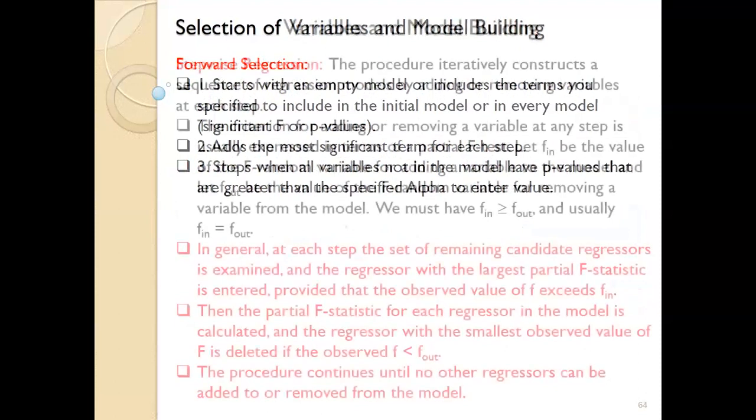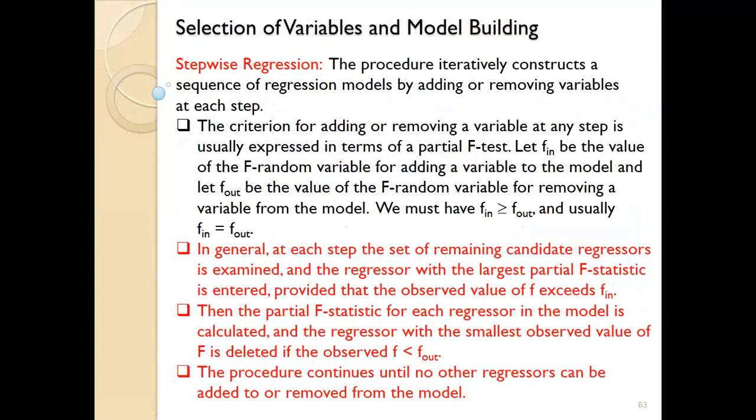What is the stepwise? The stepwise is an iteration where we add in or remove some variables, and then you check the F in and F out for that case. In each step, you can check the F value or the P value. You check the values for x1, x2, x3. Usually we check the P value.